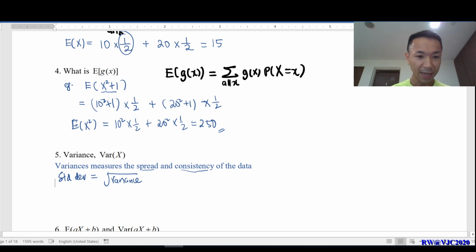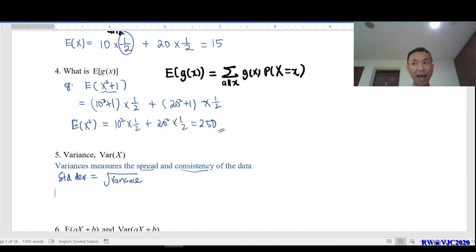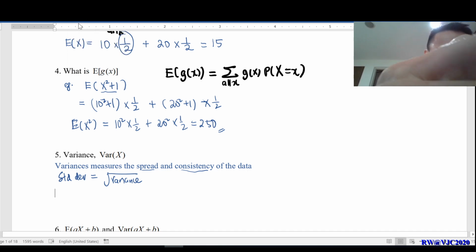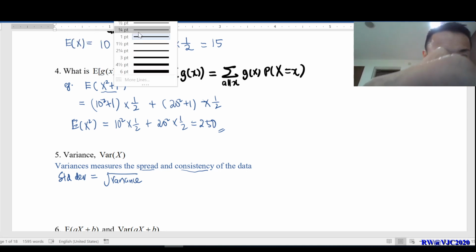So let's use a formula. Okay, I introduce you the formula first. The formula goes like this. I tell you the formula, you use it, and then you just accept it for now. There are two ways to calculate variance.